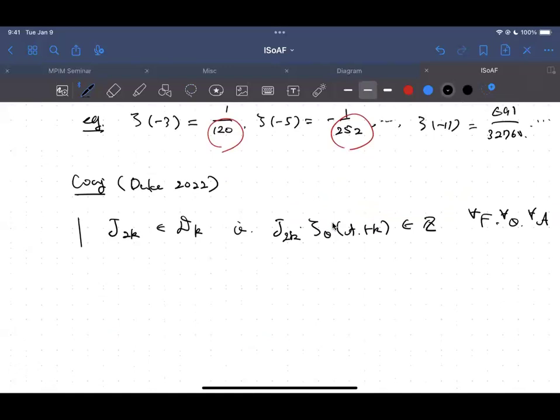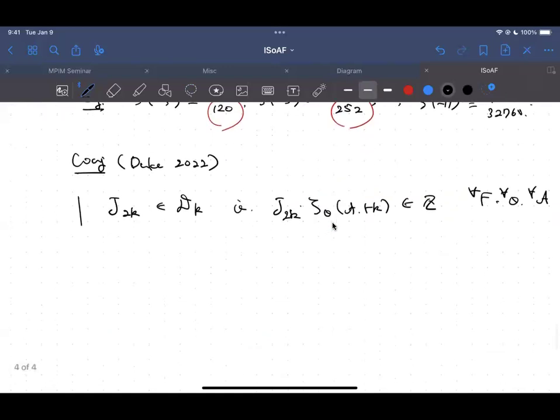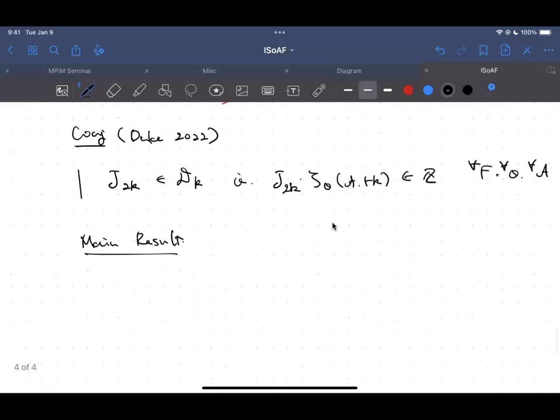And so then I can explain our main result. So the main result I would like to explain in this talk is, first, that Duke's conjecture is true.